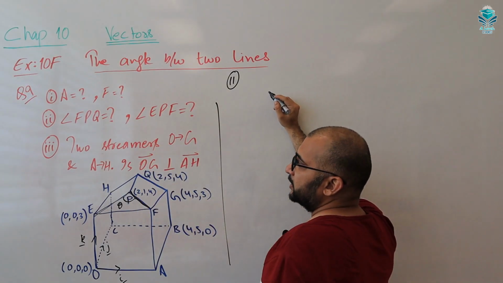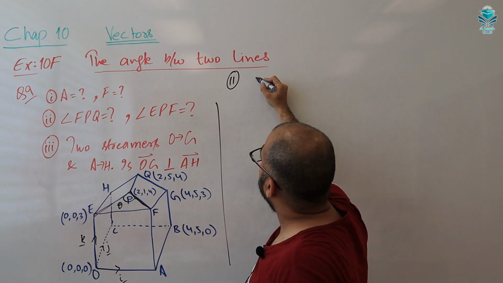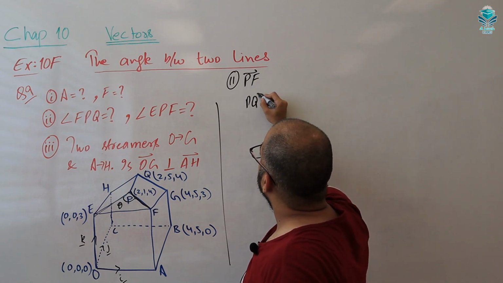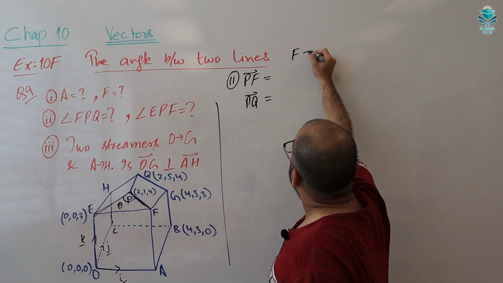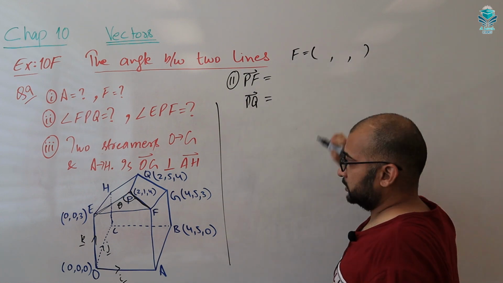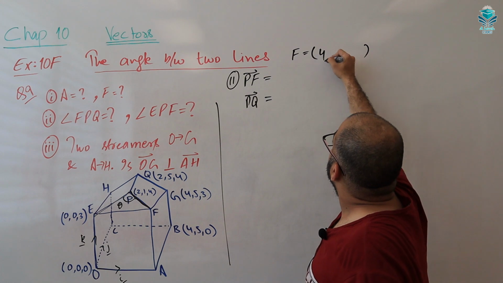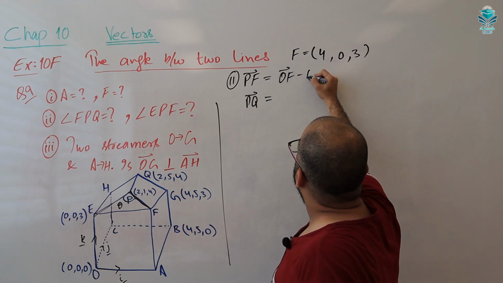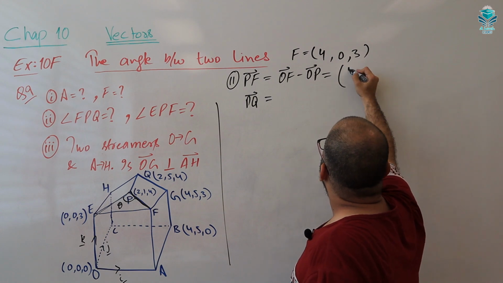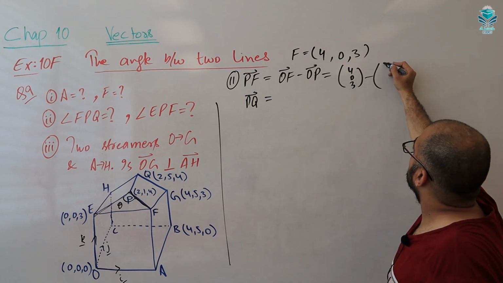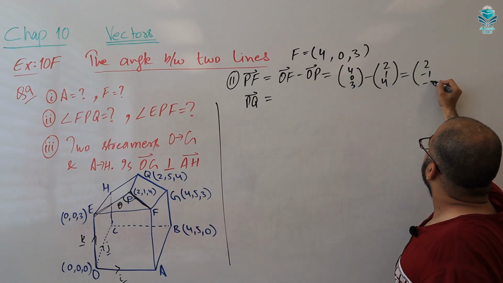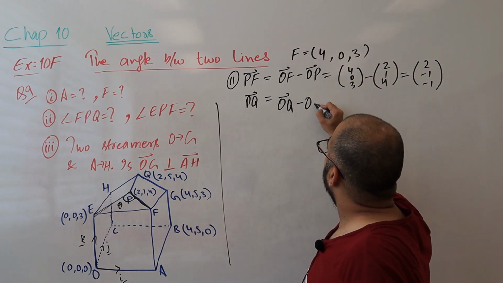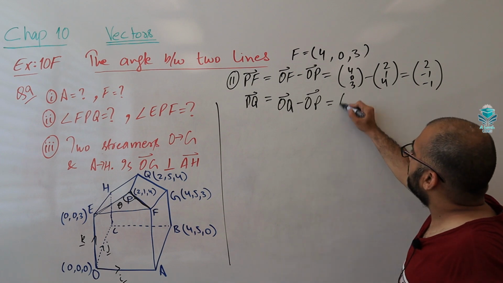So to find angle FPQ we need vector PF and PQ. The F point is 4 3, so OF minus OP, and PQ is OQ minus OP.